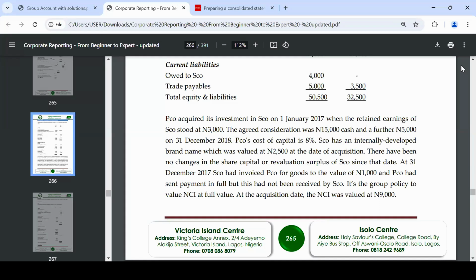Yes, you can tell us the procedure, or you can just tell us the double entry. Whichever one you want to do is fine. Okay. So for this brand name, it will be added to the retained earnings. That's debits retained earnings of the parents and credits the intangible assets.